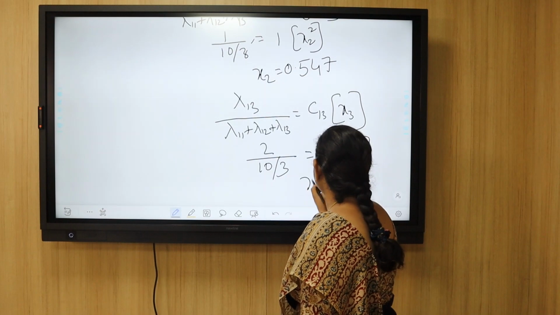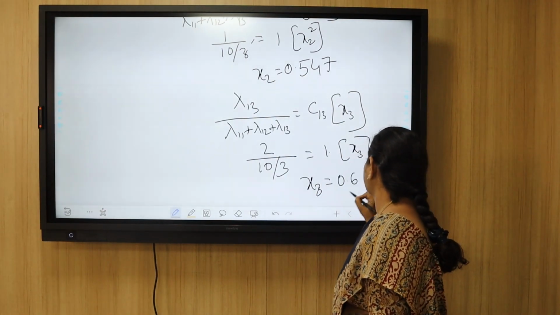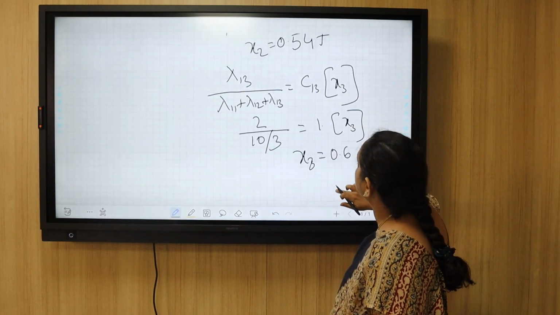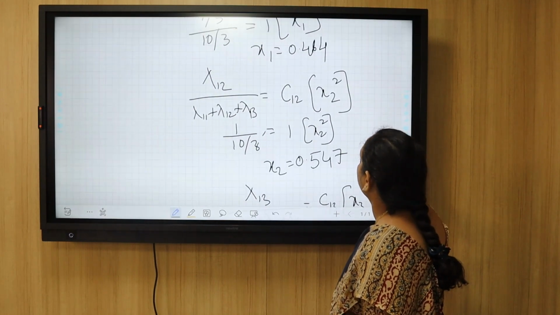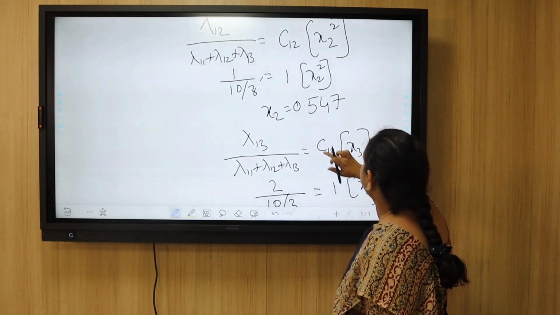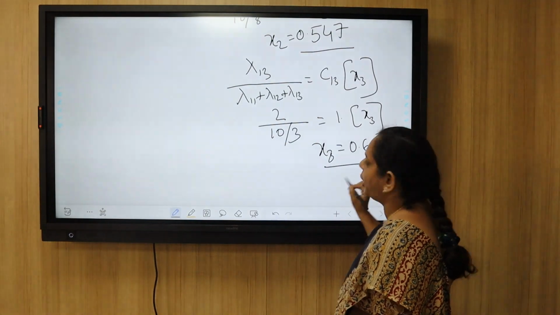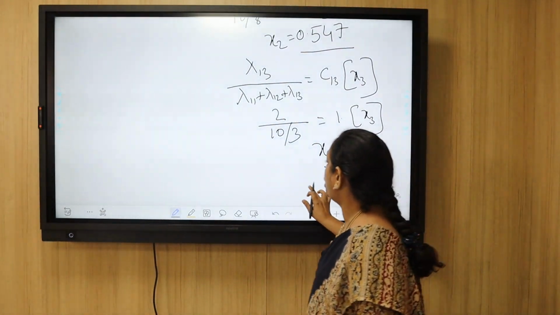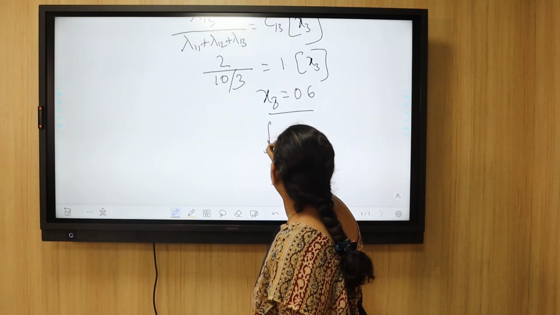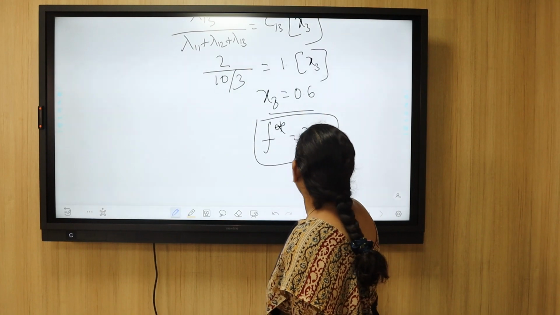So by solving this we got x3 as 0.6. So these are the three design variables. You got x1 as 0.464 and x2 as 0.547 and x3 as 0.6 by solving the equations. And the optimal function, what you got, f star equal to 20. This is your optimal value.